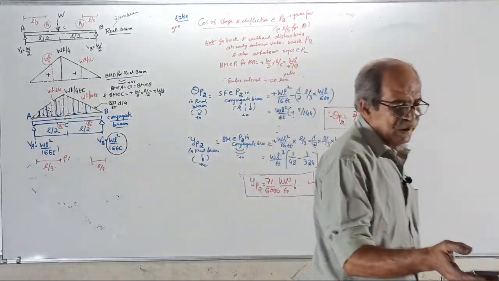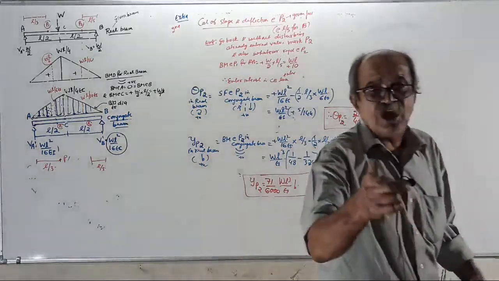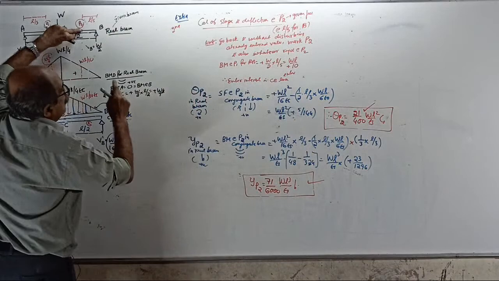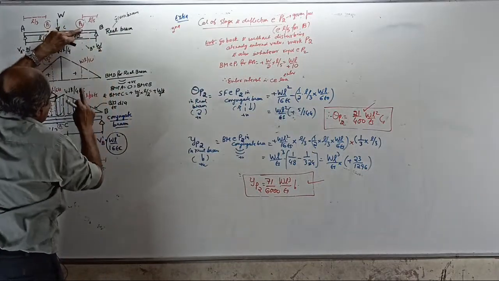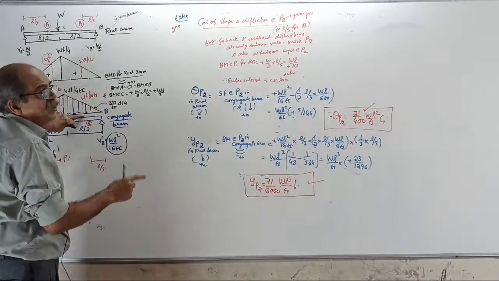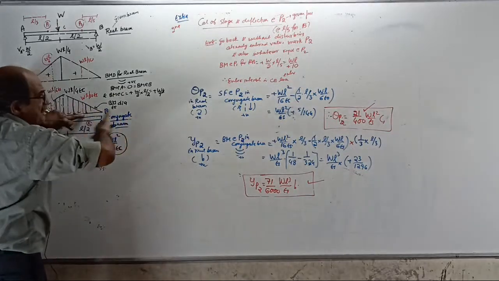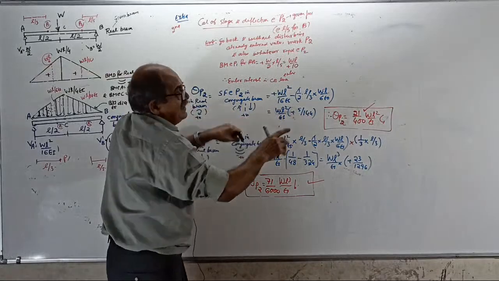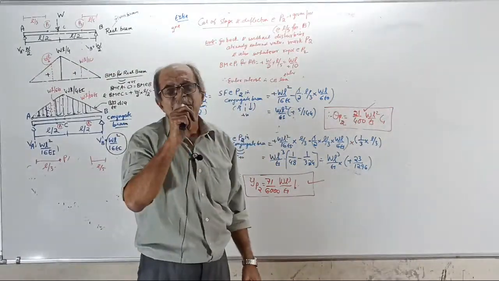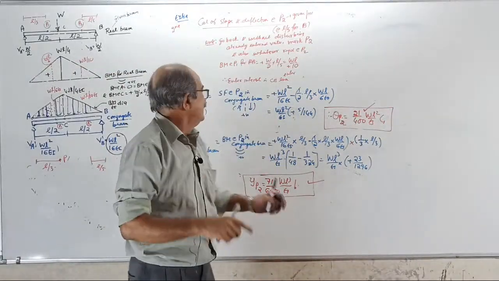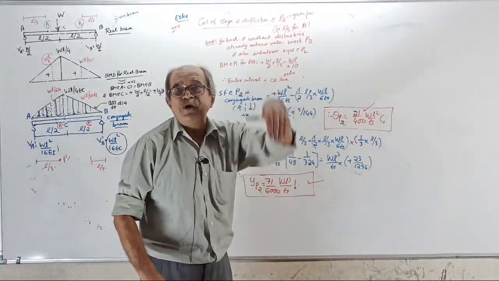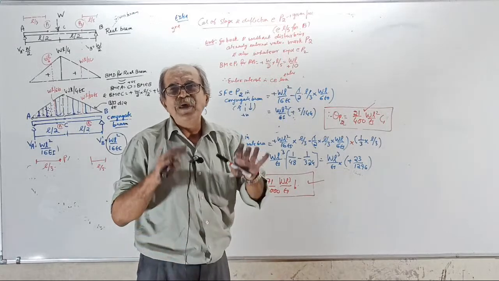Okay, I will explain briefly here. Be careful, there is a chance of making a mistake. See, slope at P2 in the real beam equals shear force at P2 in the conjugate beam. Look at this side; when you look at the right side here, also look at the right side. SFD, BMD class, I shouted class after class: left side upward positive, right side downward positive. I don't know how many times I told.